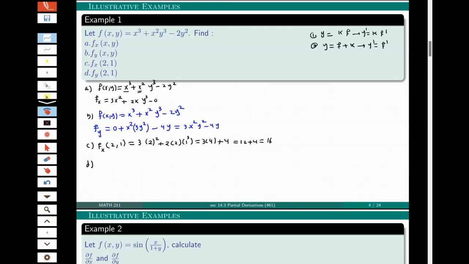D, he wants f sub y evaluated at 2, 1, which means just go here and replace x by 2, sorry, and y by 1. You will have 3 times 4 minus 4 times 1, which is 8.